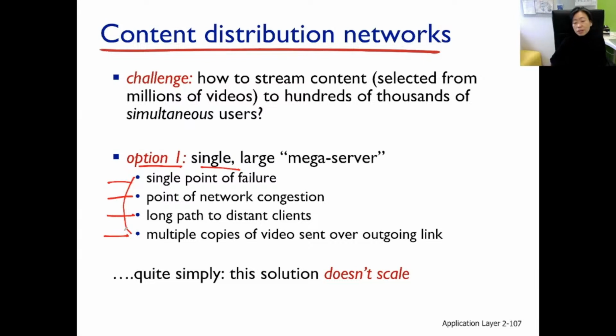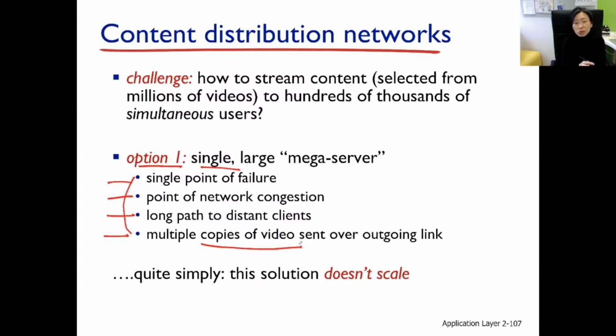And last, this one is more distinctive in video streaming service. In DNS, the name to IP mappings are all short messages. But for video streaming, it's continuous, and each frame is already bigger than the name IP mapping. So we're sending these streams repeatedly, and some of the streams are probably the same.